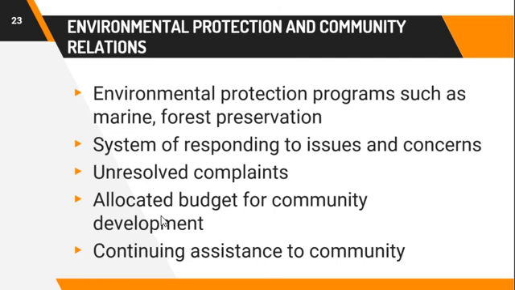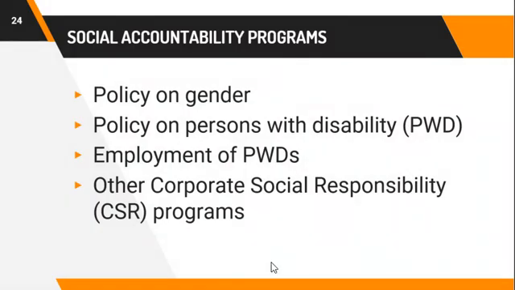There we go for extension programs, organizational programs that could help the community. So, community extension, continuing assistance to the community. We can also adopt a community. A company can adopt a community, and they go there every now and then to give assistance to them.